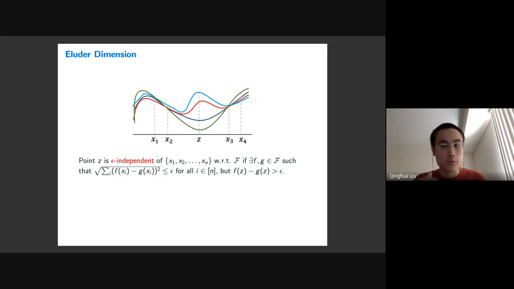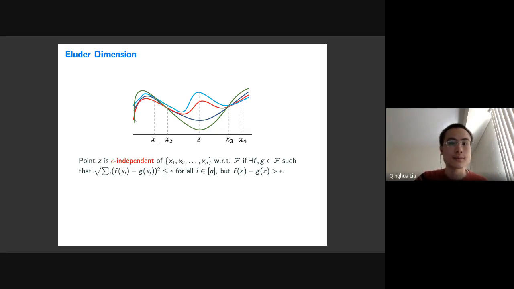Suppose we have a collection of points x1 to xn. We say point z is epsilon-independent of x1 to xn with respect to this function class F if there exist two functions, f and g, such that their values are very close at x1 to xn, but they are very different at point z.